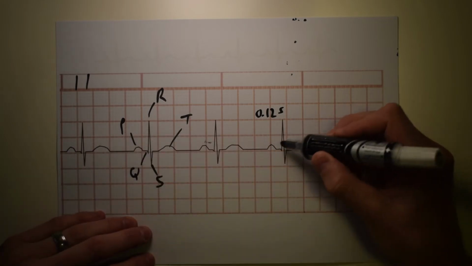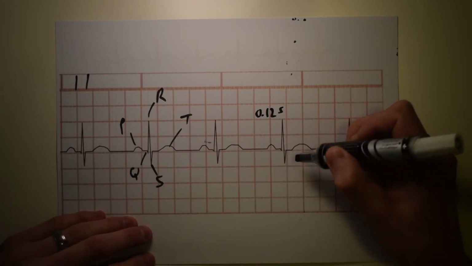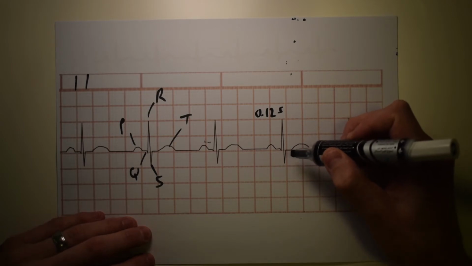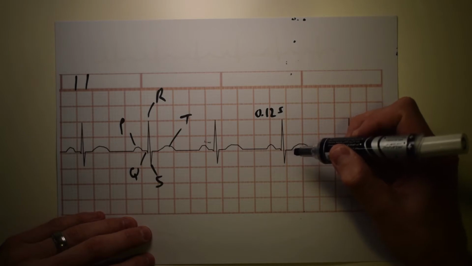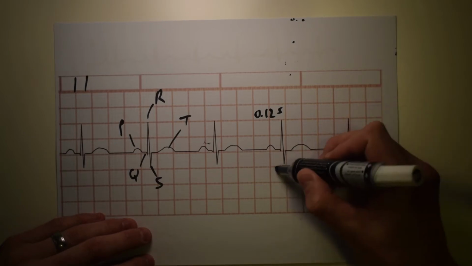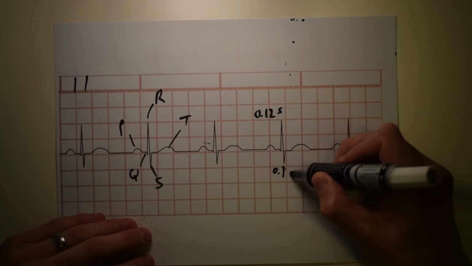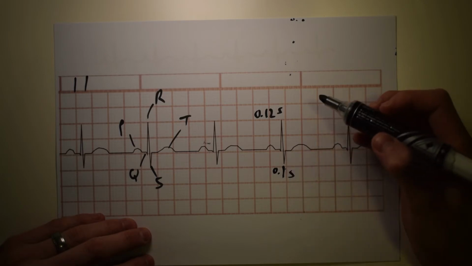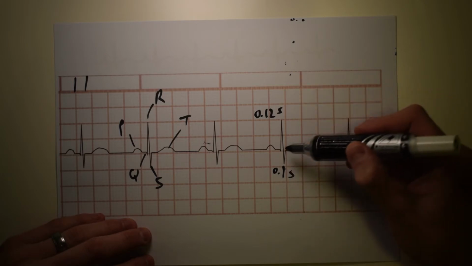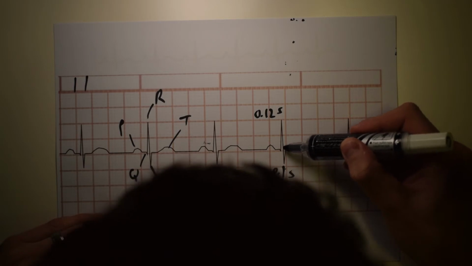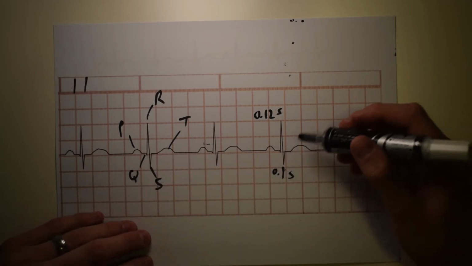There we go. That would be a normal duration of a P wave. A QRS should be no longer than 0.1 second, so that's less than 3 blocks. That's 1, 2, it's less than that. So that will be a normal QRS.